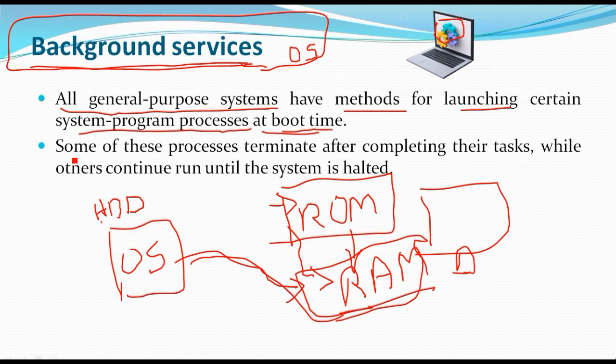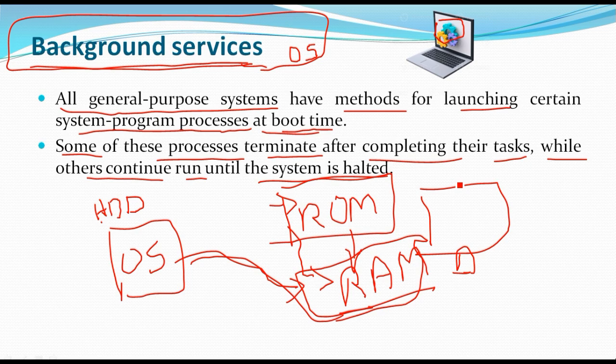Some of these processes terminate after completing their task, while others continue to run until the system is halted. Some processes are terminated by the user or by the processor, normally or abnormally, right?